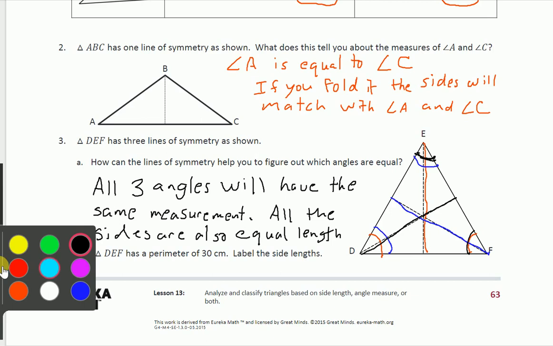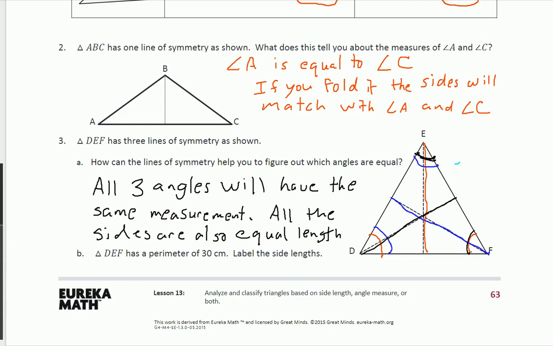And the conclusion that I've come up with is this is an equilateral triangle. It's an equilateral triangle. There we go. Alrighty, let's keep on rolling and look at part B of this question.